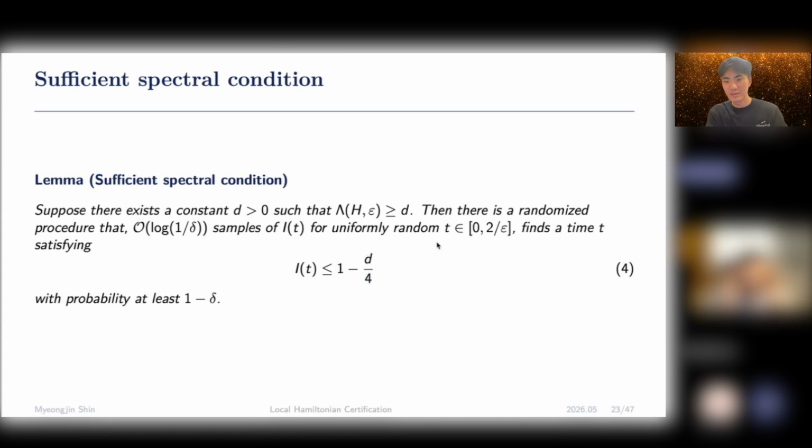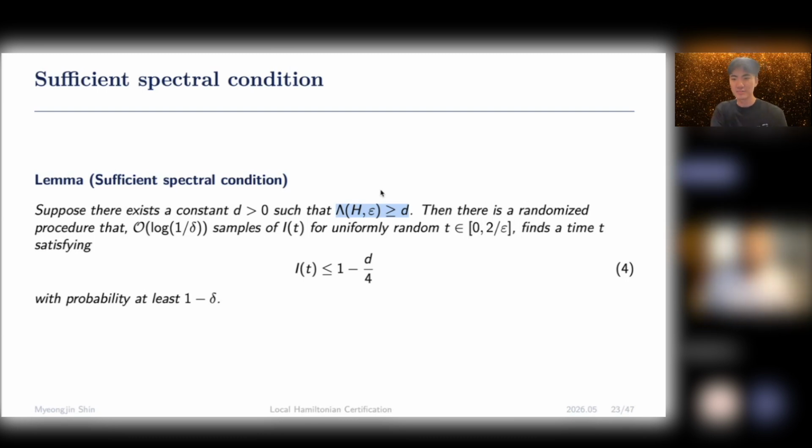And since t is in 0 to 2 over epsilon, it only costs the Heisenberg limit, so we can certify the Hamiltonians using a total evolution time on the magnitude of 1 over epsilon. So by this lemma, the only thing left is to prove that this lambda of H comma epsilon is bigger than some constant. This is the only thing left.